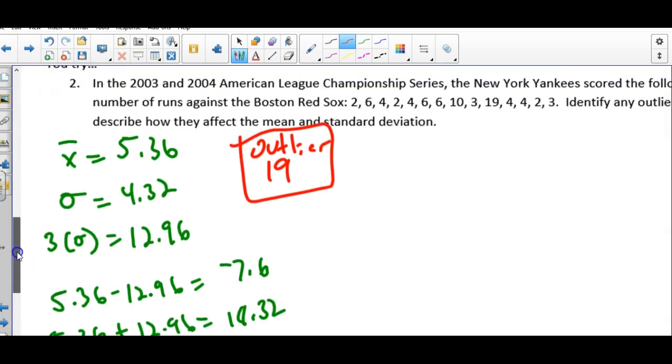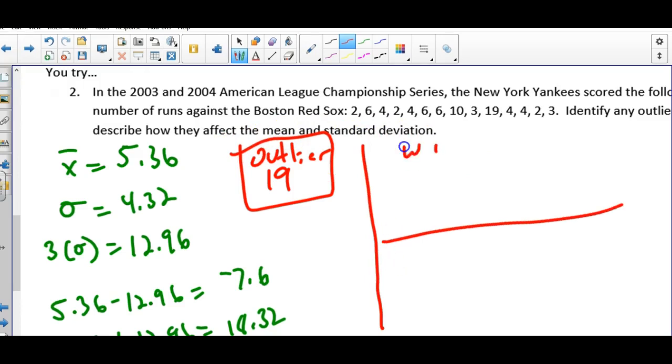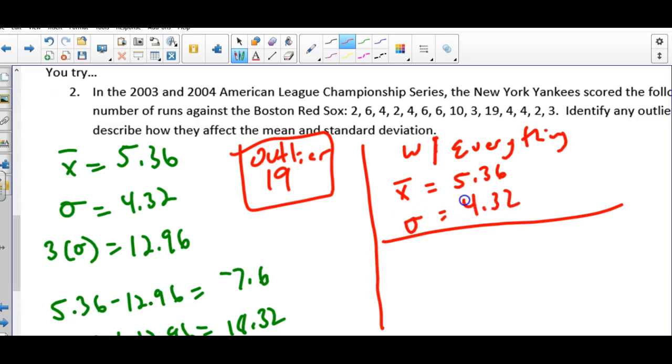Now, the last part of the question says, identify any outliers and describe how they affect the mean and the standard deviation. Cool, we can do that. First we're going to do what our information is with everything in place, with everything including the outliers. So remember the X bar was 5.36 and our standard deviation was 4.32.